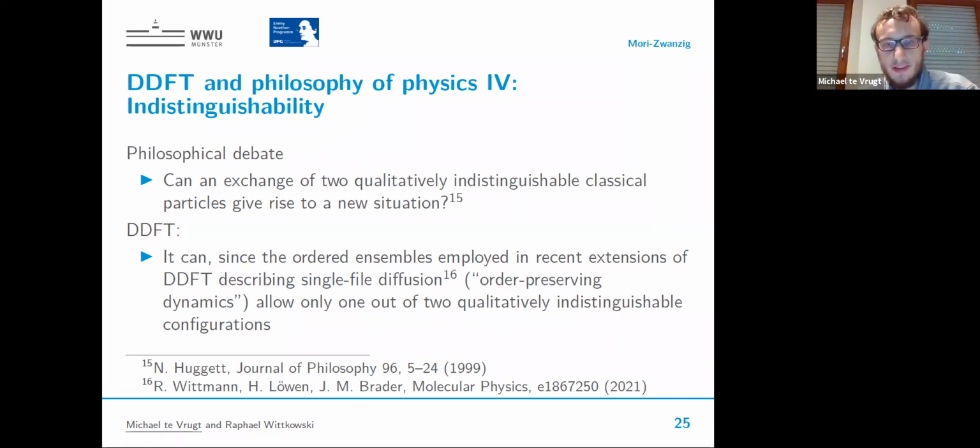And there is a recent theory by Wittmann and Alex established in this paper here, which is known as order-preserving dynamics, and which extends DDFT to the case of single file diffusion. There you have a statistical average in which you can have two configurations that are qualitatively indistinguishable, and that have to be assigned different probabilities.